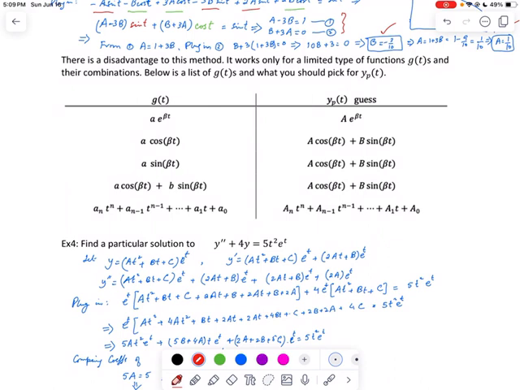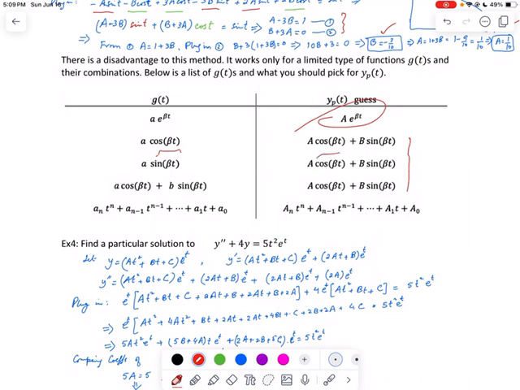And here is kind of an idea of how to think. So this is a list of the functions on the right side of the differential equation, and then on the right here are the guesses. So if you have an exponential function, then you will have the exponential function over there with the undetermined coefficient, which you have to determine.